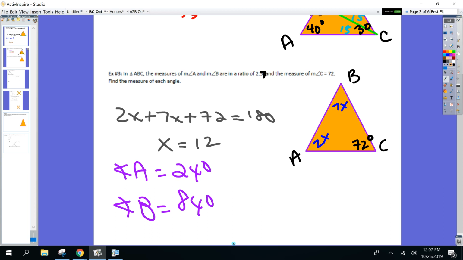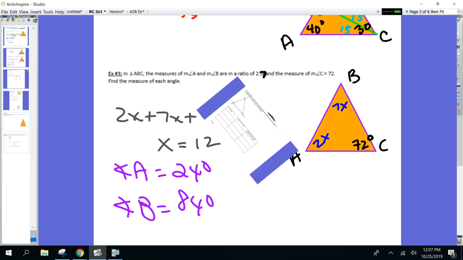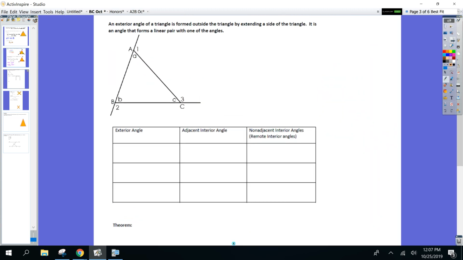Anything from you guys? Because I am going to a different type of angle now in the triangle. We've been talking about all these angles on the inside. We can also create an angle on the outside. Exterior angle. Take a side of a triangle and make it a little longer. You've just formed an exterior angle.